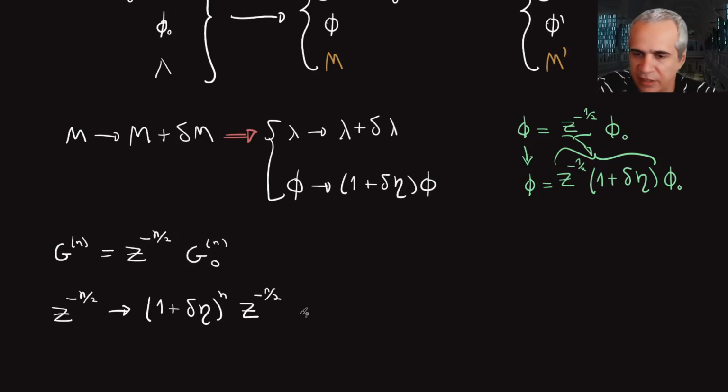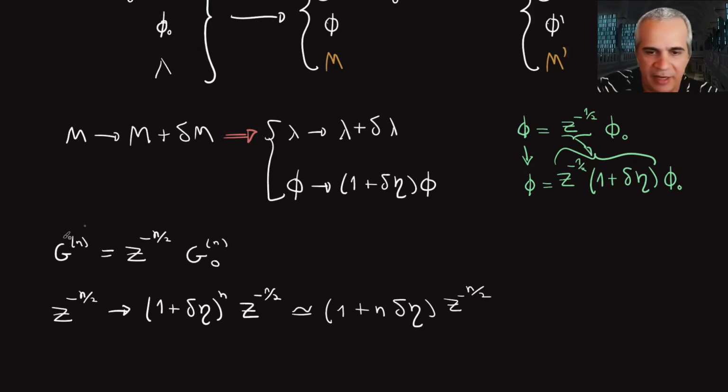Which then I can linearize because delta eta is supposed to be small. I'll take all these variations to be small. And that means this is approximately 1 plus n delta eta, times Z to the minus n over 2.